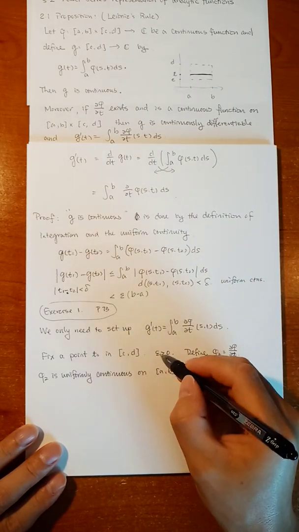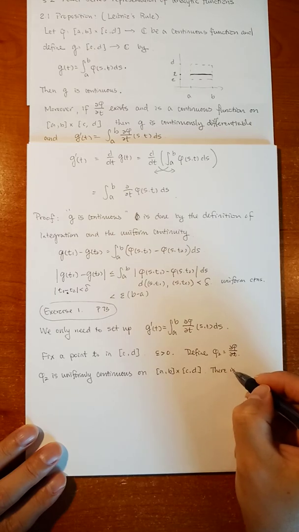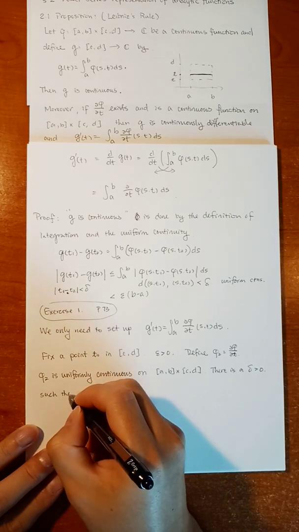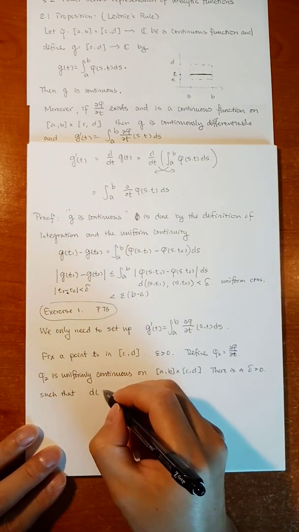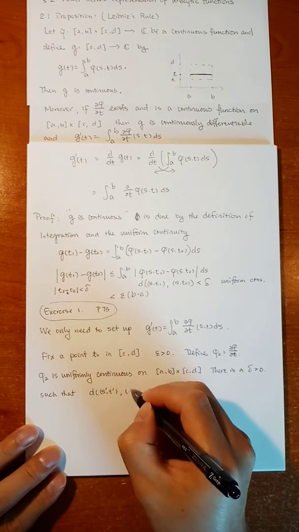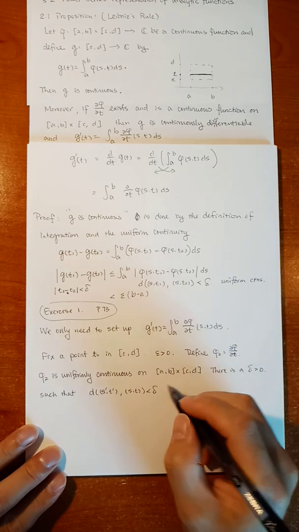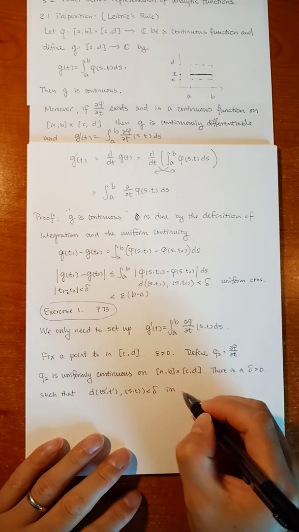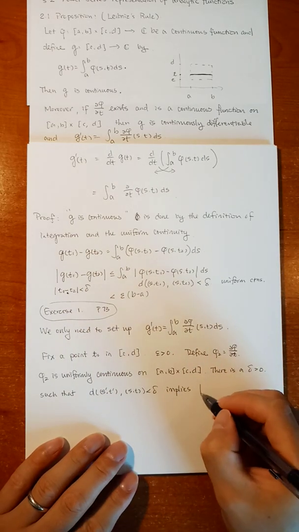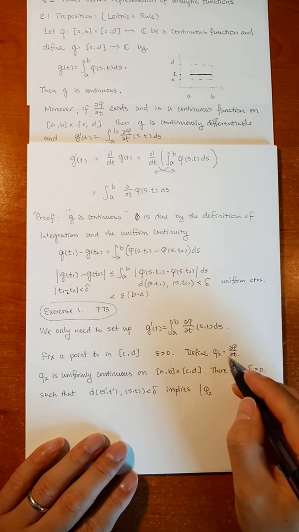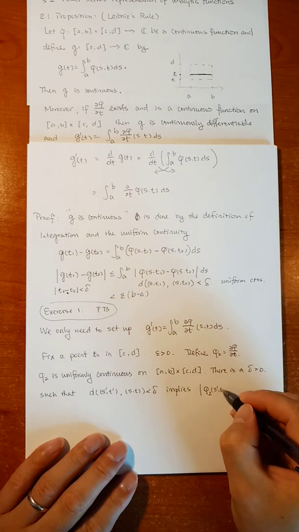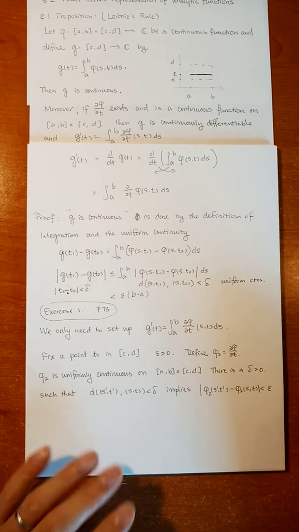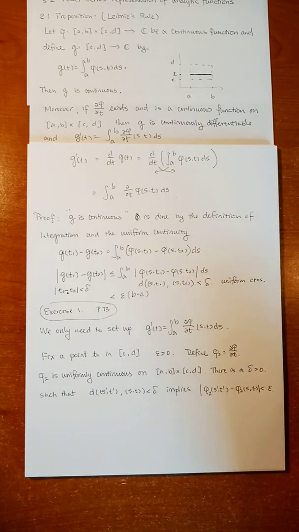It means for this epsilon, there is a delta greater than 0 such that the distance between (s', t') and (s, t) less than delta implies the absolute value of phi 2 of (s', t') minus phi 2 of (s, t) is less than epsilon. All right?